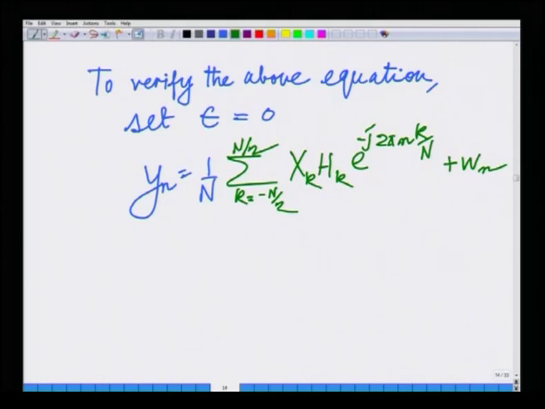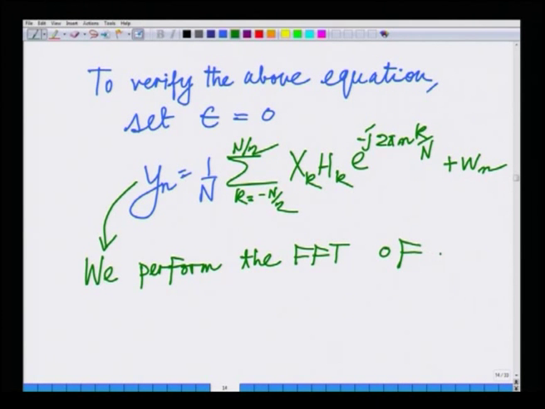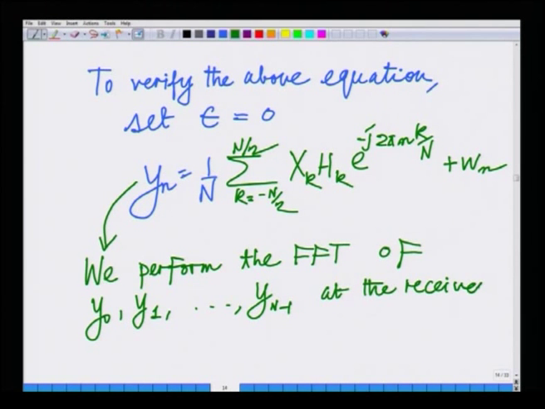So, performing an FFT at the receiver, we collect y 0, y 1, up to y N minus 1, and we perform the FFT of these symbols at the receiver.